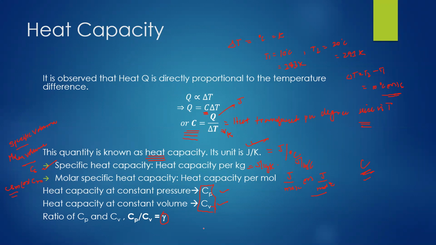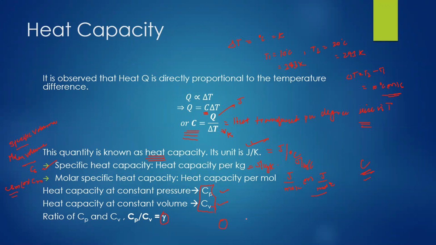For monoatomic gas, it can be different. For diatomic gas, it can be different. For triatomic gases, it's going to be different. So it depends on the number of atoms in a gas molecule.